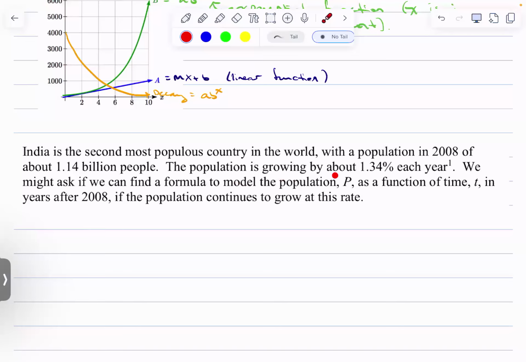The population is growing by about 1.34% each year. And so we might ask if we can find a formula to model the population P as a function of time T in years after 2008, if the population continues to grow at this rate. I'll clarify that they mean exponentially. Populations grow exponentially.